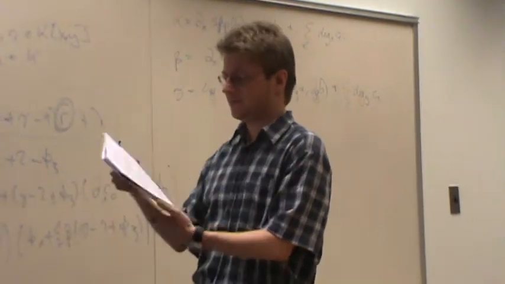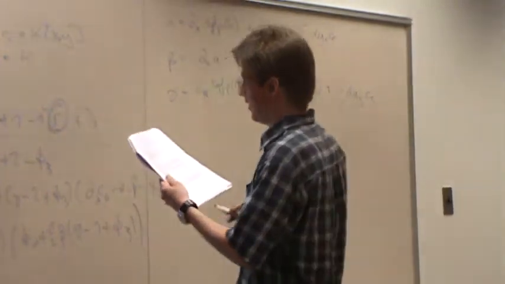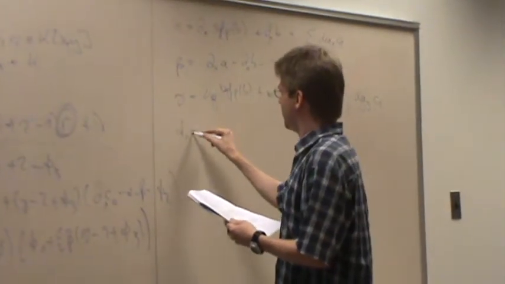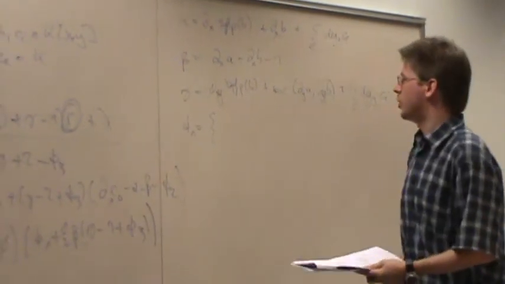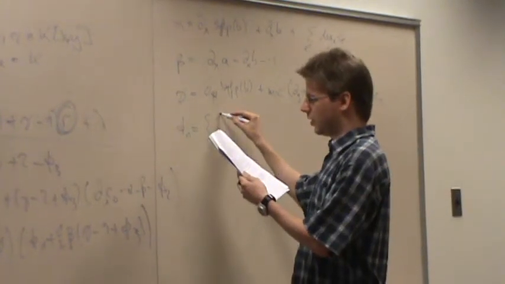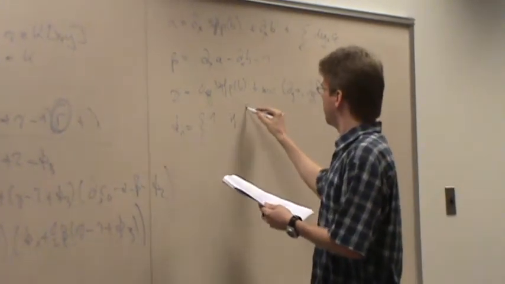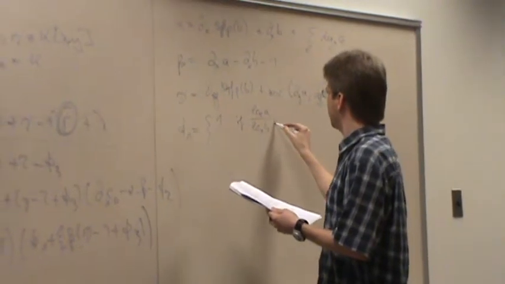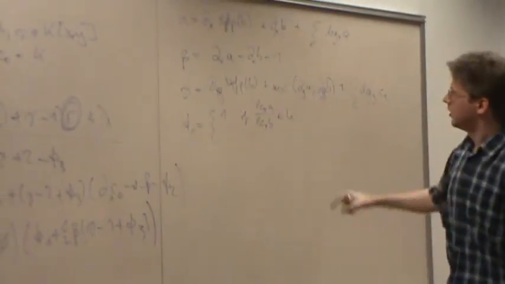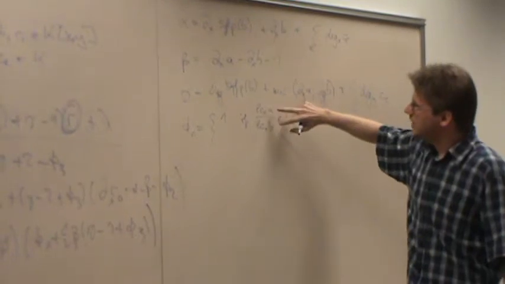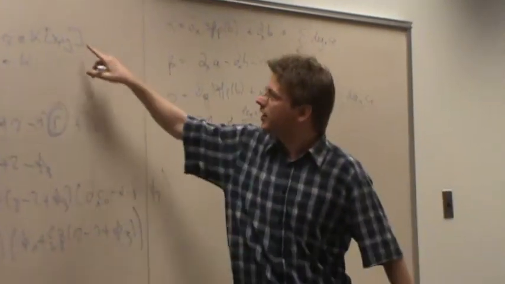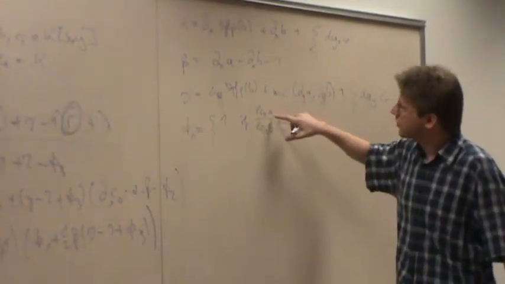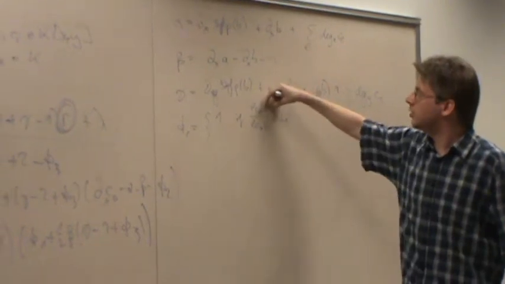Now the phi's. These are flags which are either 1 or 2. So phi 1 is 1 if the leading coefficient of A divided by the leading coefficient of B is in the ground field. Remember that A and B are polynomials in x and y. If you take the leading coefficient with respect to x, this is usually a polynomial in y.